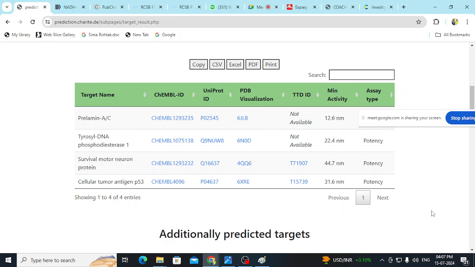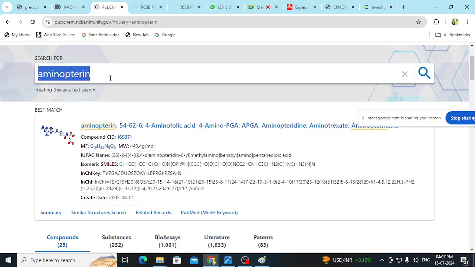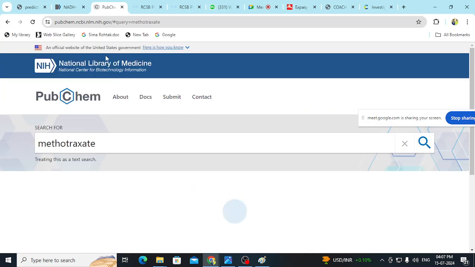Okay, so similarly, if we search for one more similar molecule, let us say methotrexate. Okay, methotrexate is again an antiviral drug.